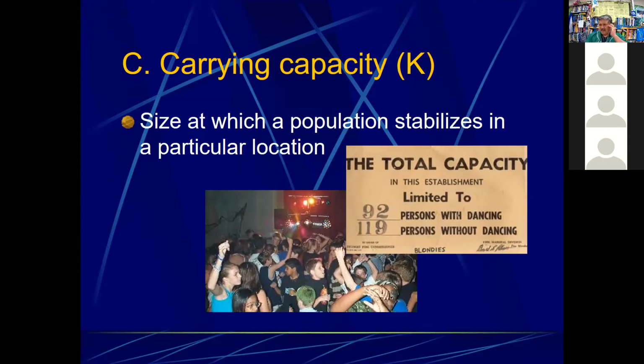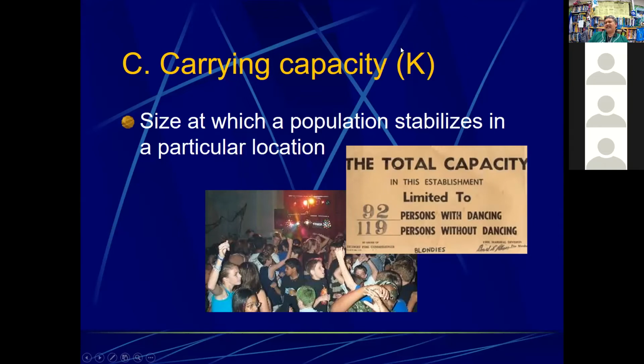So here's some people dancing. There's me right there. Just kidding. That's not me, but it's a picture I Googled, and these guys are dancing in the dance hall. You can see the limit is 92 people in this room.